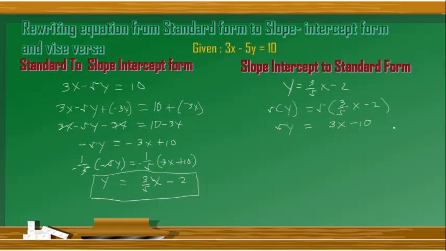Okay, after that we apply the addition property of equality, meaning we have to transpose this to the other side. So 5y plus negative 3x, as well as here minus 10 plus negative 3x.